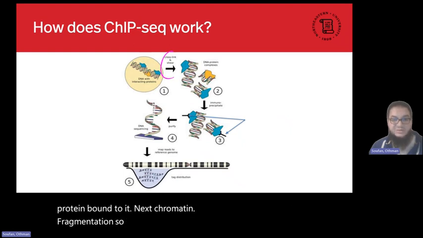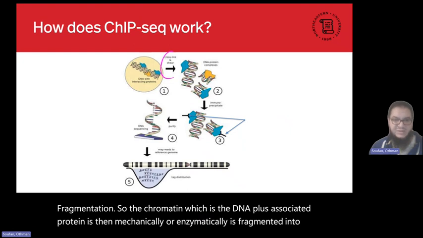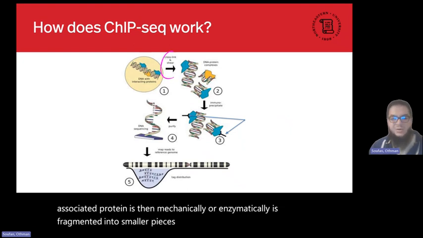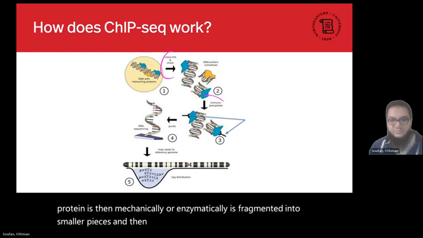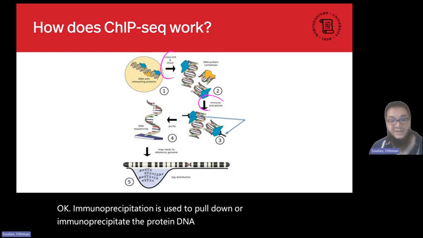So the chromatin, which is the DNA plus associated protein, is then mechanically or enzymatically fragmented into smaller pieces. And then immunoprecipitation. Okay, immunoprecipitation is used to pull down, or immunoprecipitate, the protein-DNA complexes from the sample.